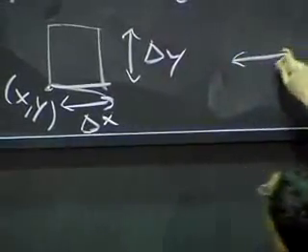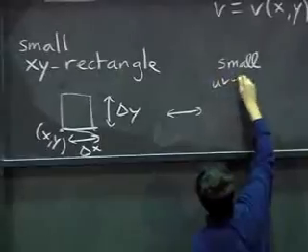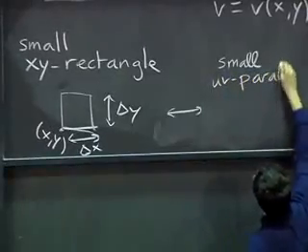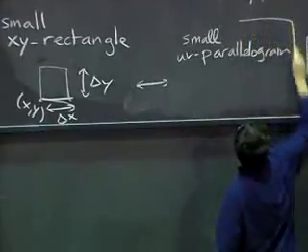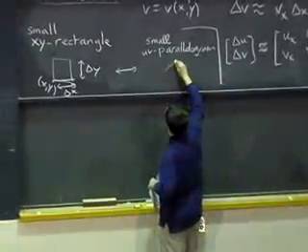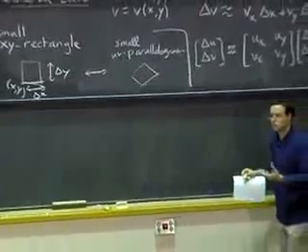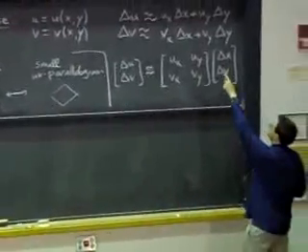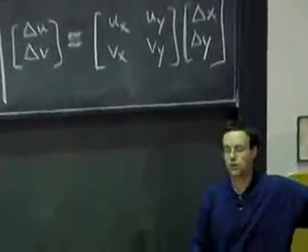This is going to correspond to a small uv parallelogram. And the shape and the size of that parallelogram depend on the partial derivatives of u and v. So in particular, they depend on at which point we are. But still, at a given point, it's a bit like that.